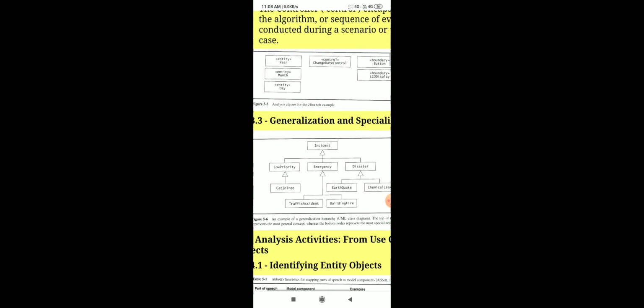The next point is generalization and specialization. What do you mean by generalization and specialization? Generalization is the modeling activity that identifies abstract concepts from lower level ones. For example, assume we are reverse engineering an emergency management system and discover scenes for managing traffic accidents and fires.